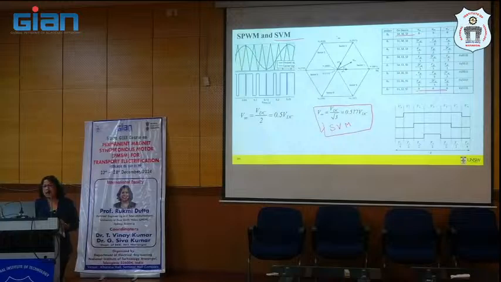Those 6 active vectors can be plotted in a real and imaginary number plane, which will give you this hexagon. Each node of this is based on the switching states.